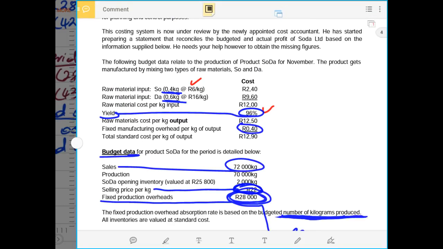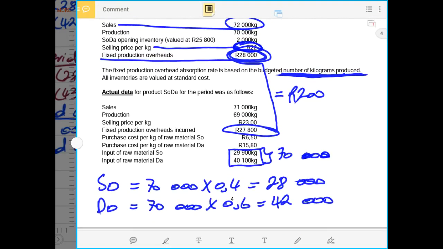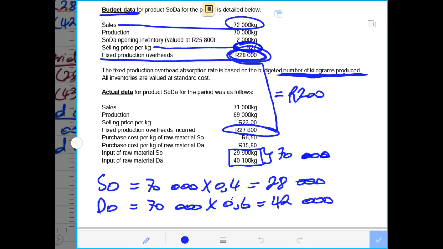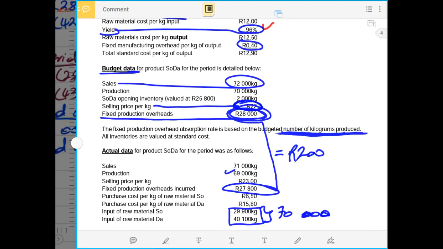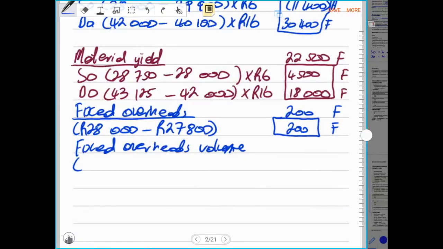Our actual was 69,000. Our budgeted was 70,000. So we start with a budget of 70,000.